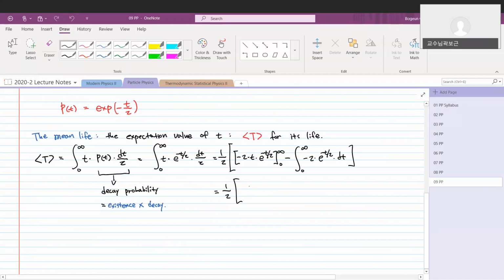Then the second term becomes tau. So the expectation value for the mean life will be tau.